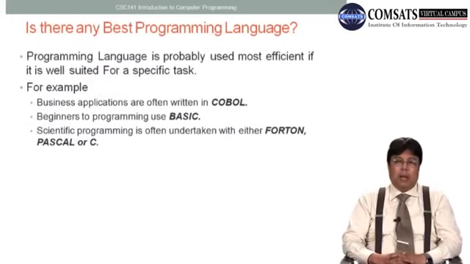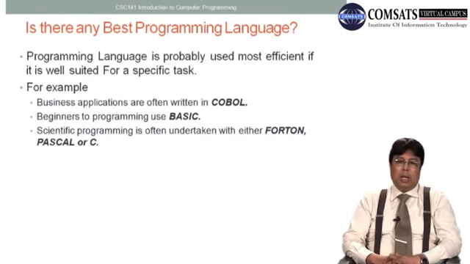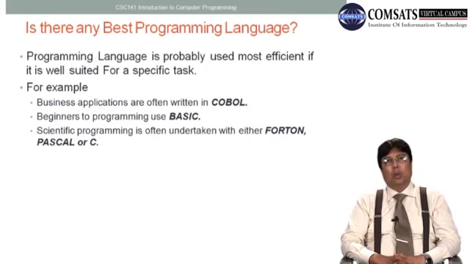Which language is the best language? You cannot say that one particular language is the best. It is basically the application that determines which language is most suitable. For example, for business applications, people prefer COBOL over Fortran, Basic, C and Pascal.